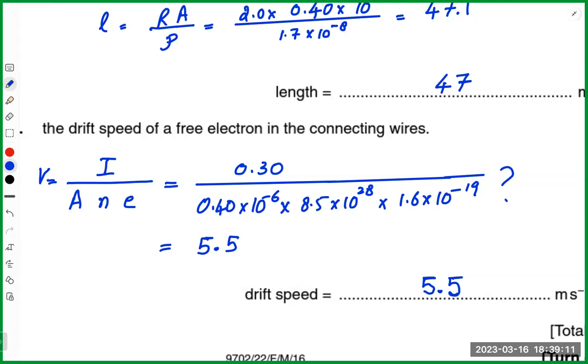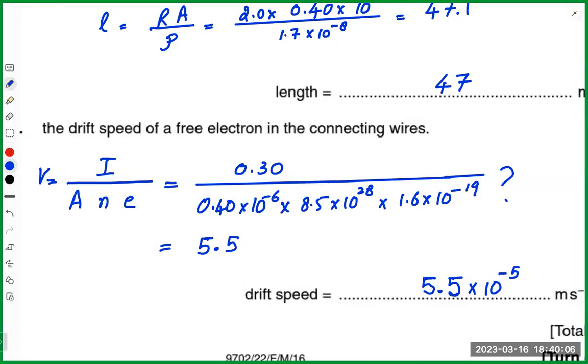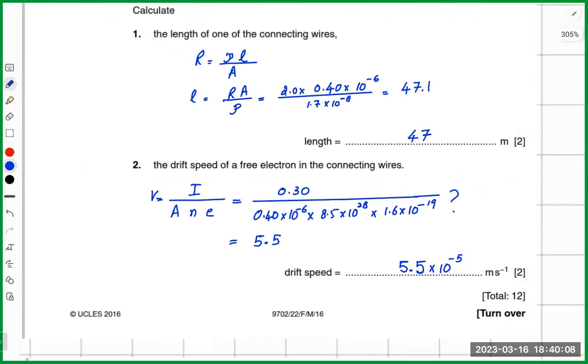Can you put everything in the calculator in one go? Okay, then the final answer will be 5.5 into 10 to the power minus 5 meters per second.